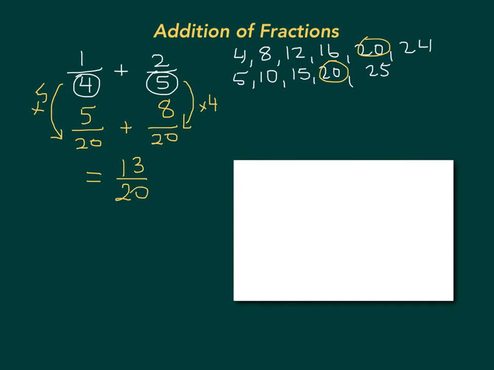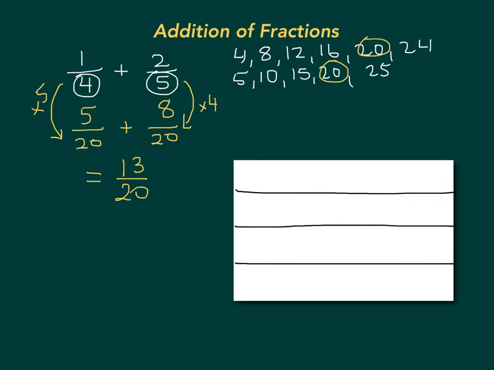We don't know how many straight away, so let's look at the denominators of our fractions. We've got a 4 and a 5. So let's split it into 4 sections going this way and 5 sections going the other way.